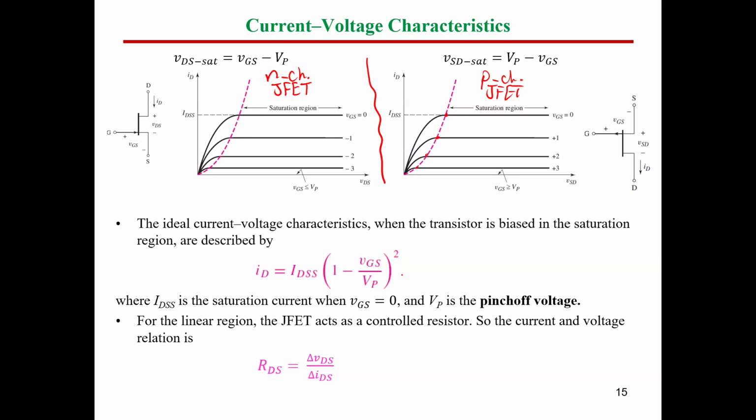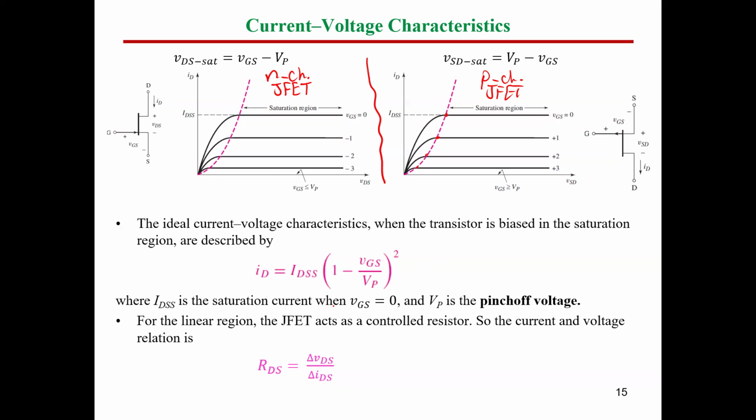So this is the relation in the saturation region. And what is the saturation condition again? The saturation condition is VDS greater than VDS saturation, which is VGS minus VP.